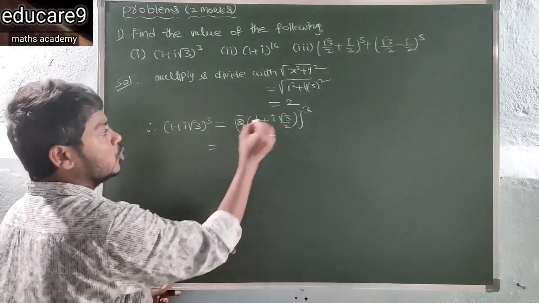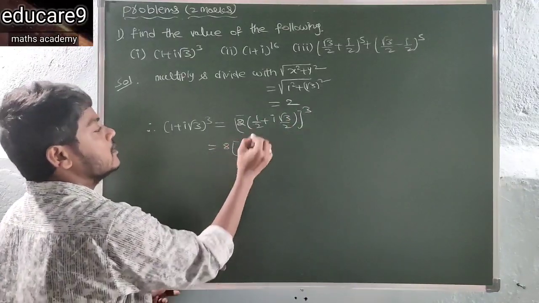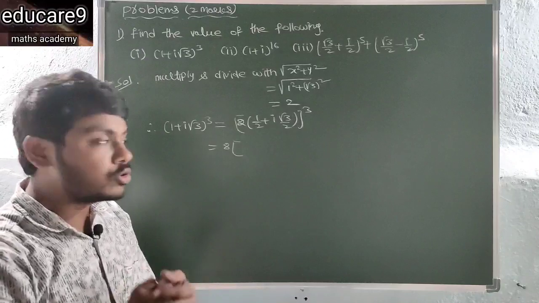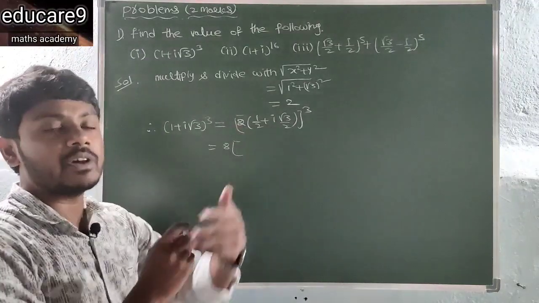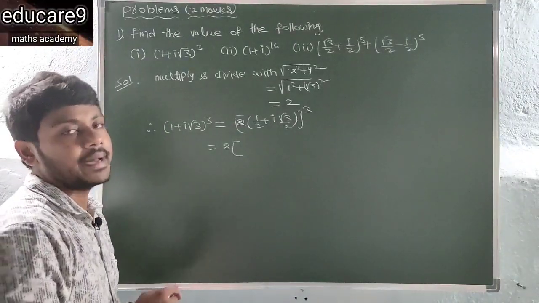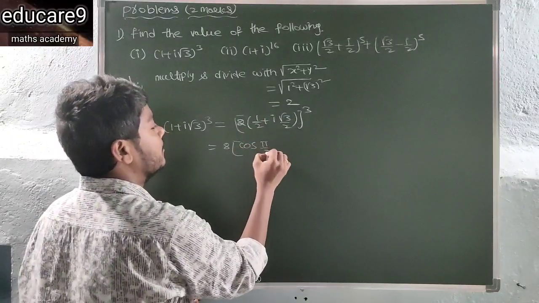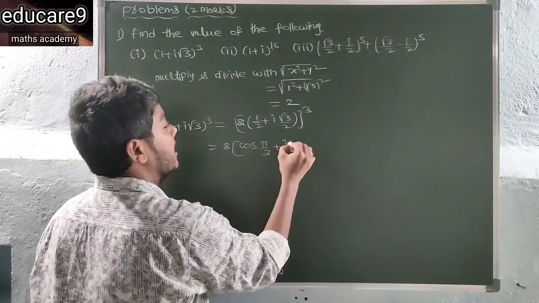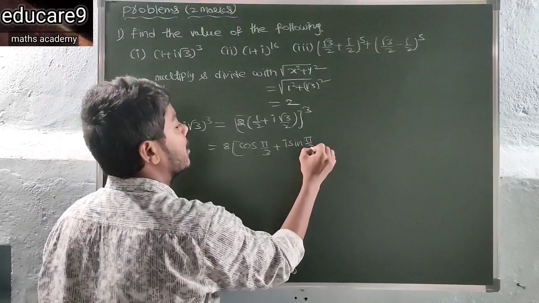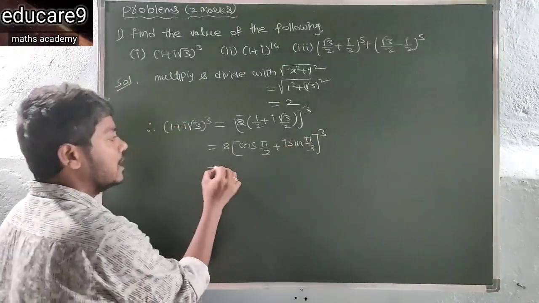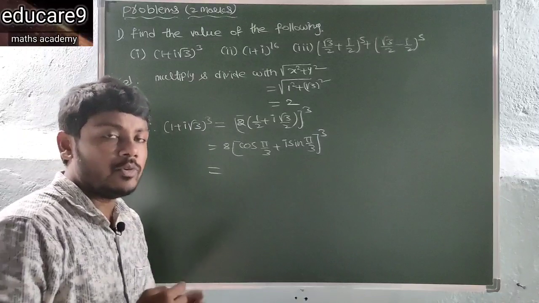So this is 2 cube, 8. So here 1 by 2 plus i root 3 by 2, write in terms of cos theta plus i sin theta. So that is (cos pi by 3 plus i sin pi by 3) whole to the power of 3. And here we have to apply De Moivre's theorem.